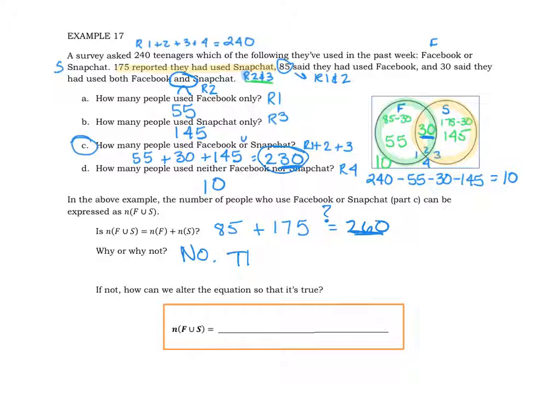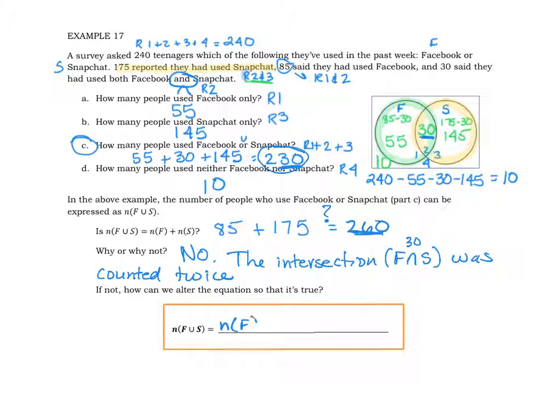So F intersect S, which was 30, was counted twice. How can we fix that? We can add the cardinality of Facebook and Snapchat, but to keep that intersection from being added twice, we subtract the cardinality of the intersection of those two sets.